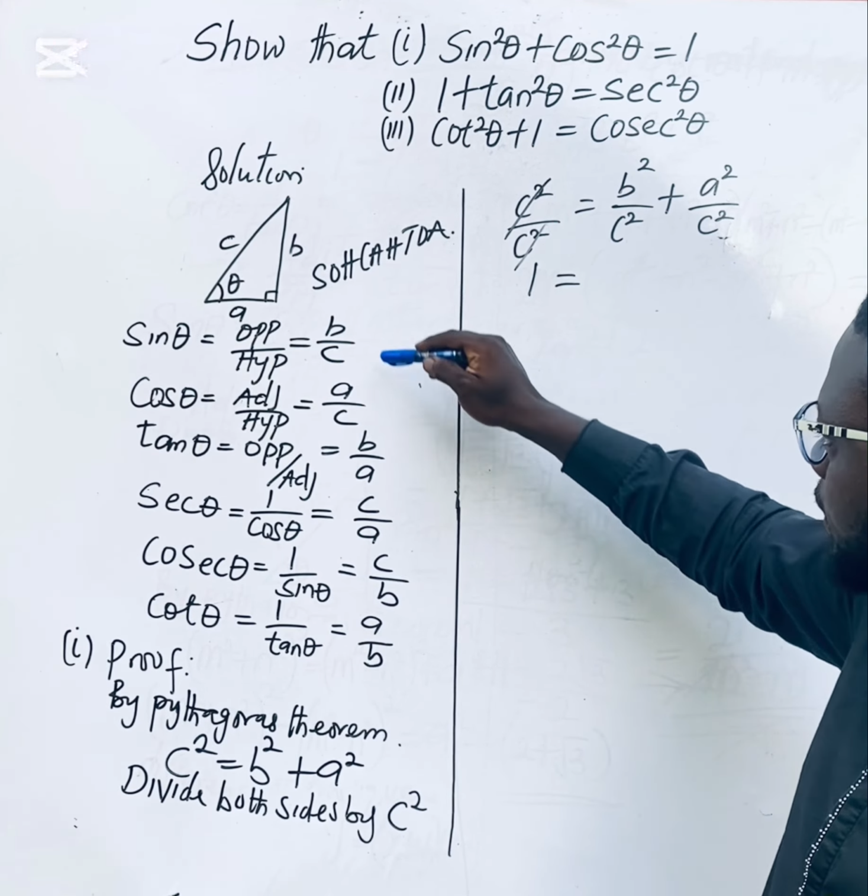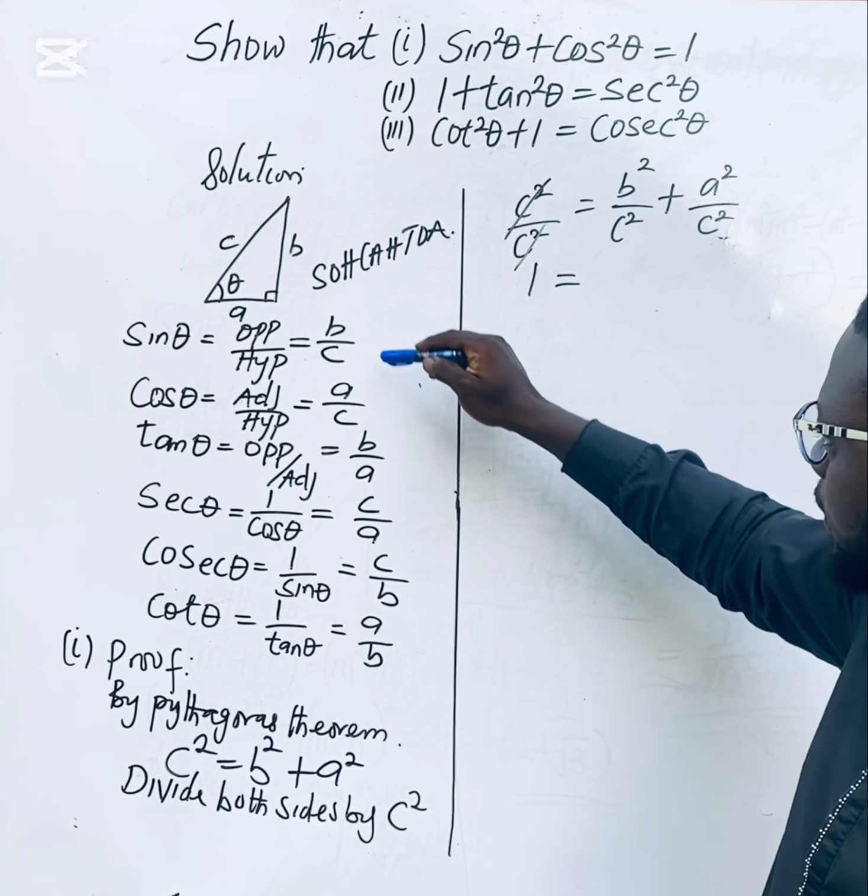This is sine theta all square plus A over C is cos theta, so I have cos square theta. Right? Proven. Okay? Because addition is commutative, it can be written sine square theta plus cos square theta equal to 1.